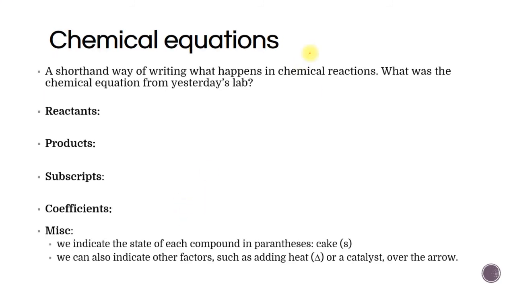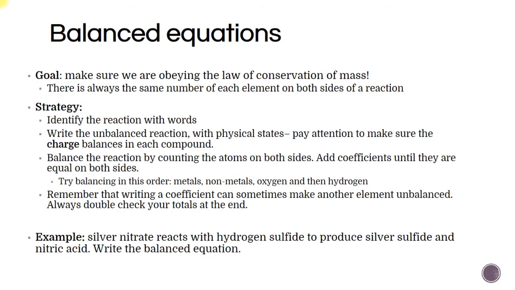All right, I want you to fill in these definitions. Use your words, not Google or your textbook or Wikipedia. Okay, I want you to tell me what you think a reactant is, a product, a subscript, and a coefficient. And especially, what is the difference between these two things and these two things? Okay. So here's what we did. Here's our strategy for making balanced equations.